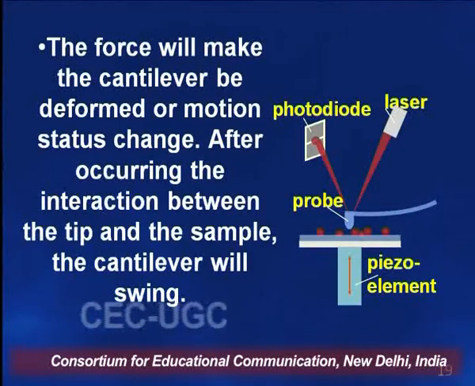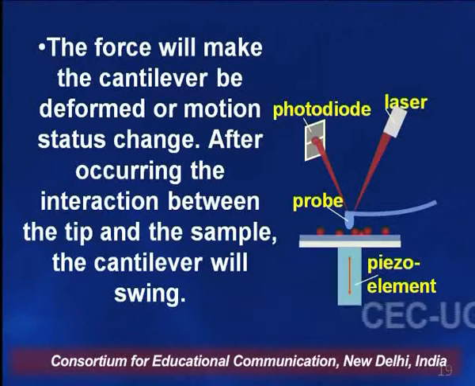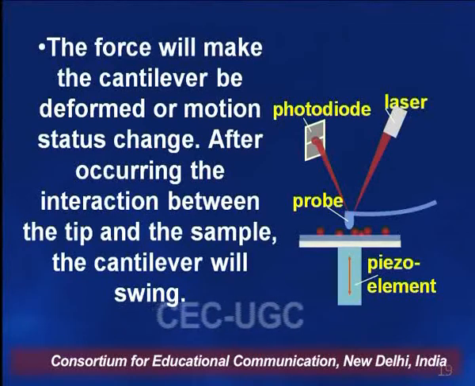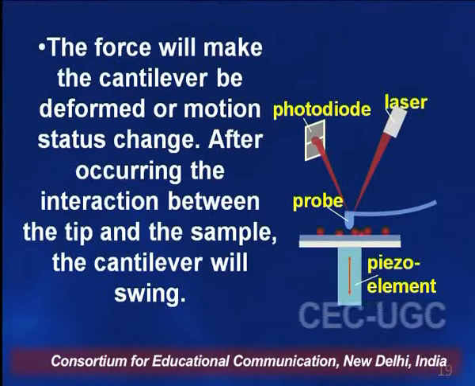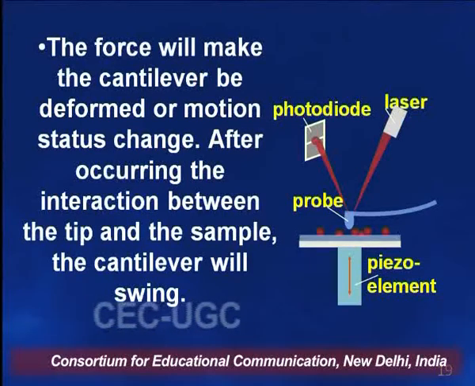As the force is exerted on the cantilever, it will scan the surface and move towards the surface, either in the contact mode, the non-contact mode, or the tapping mode. After interaction between the tip and the sample, the cantilever will swing.